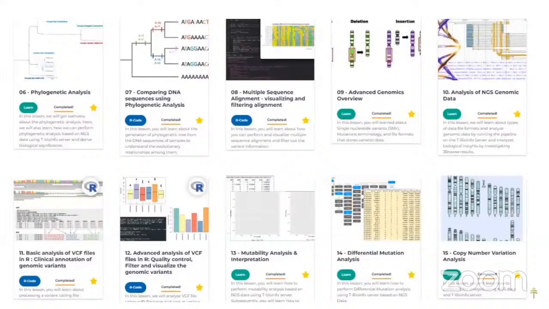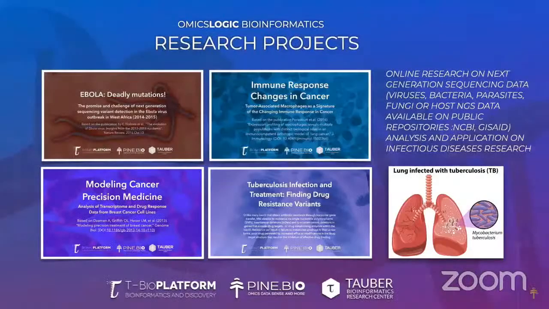Some of these will be covered in the future lectures, but do not worry about completing them for now. At the end, you will also find examples that I already mentioned. These examples include projects like Ebola, immune response changes in cancer, modeling cancer precision medicine, or tuberculosis infection and treatment, finding drug resistance variants.